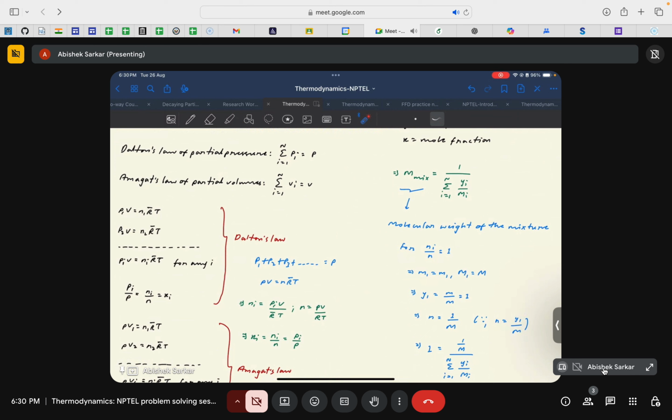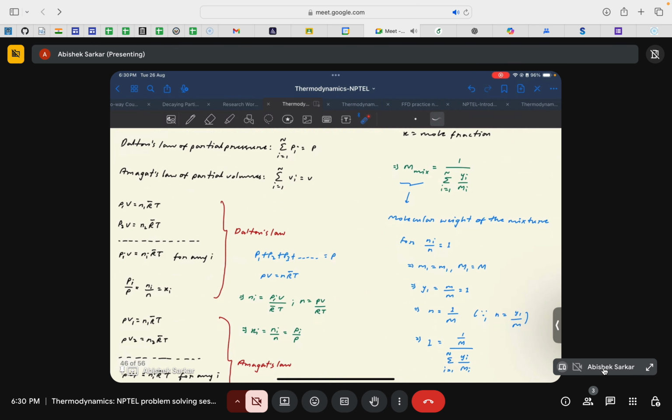We know that PV is equal to nR̄T, where R̄ represents the universal gas constant. So for the first gas, it will be P1V equal to N1 R̄ T. Then P2V is equal to N2 R̄ T. Similarly, for the ith gas, it will be Pi V equal to Ni R̄ T.